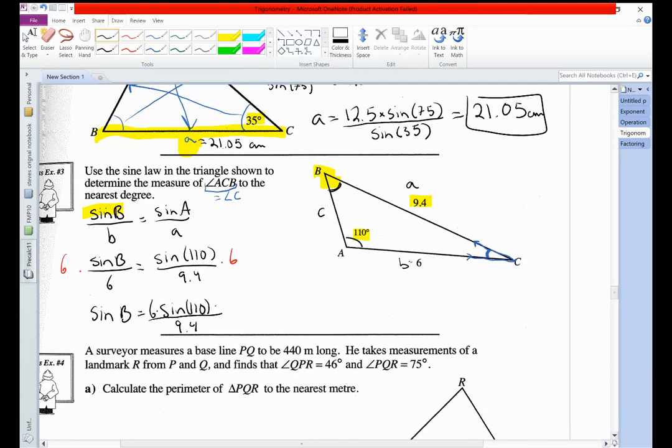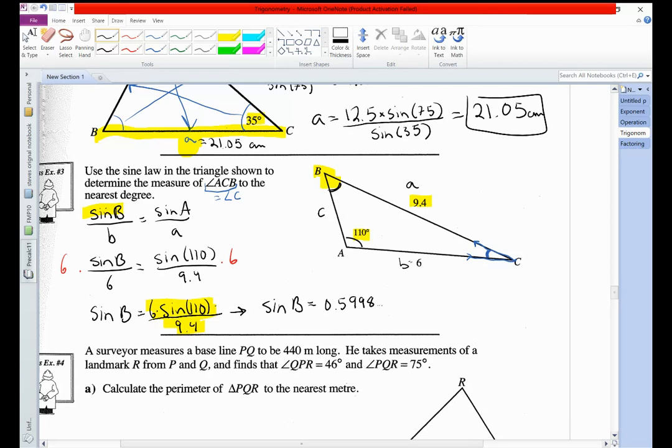In order to solve for B, we want to get a value for this. If we type 6 multiplied by sine of 110, all divided by 9.4, we get sine of capital B is equal to 0.5998, and that goes on, but I'll just leave it there.